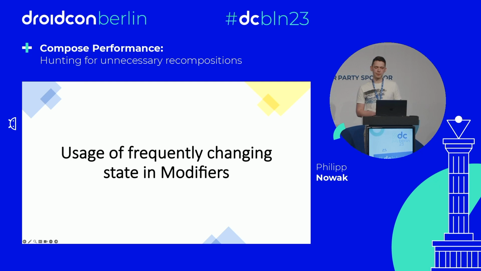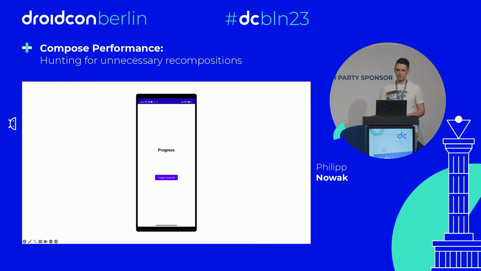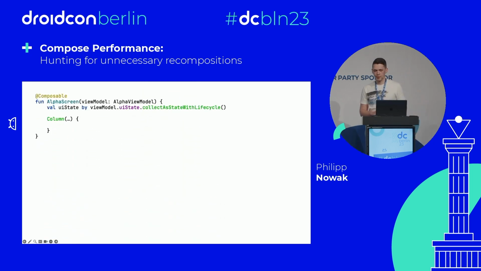This one is called usage of frequently changing state in modifiers. This time we got a screen which has a button, and every time I click on this button, some progress indicator appears, and after some seconds it also disappears. Looking at the code, we can see we have our screen composable with a view model and its UI state, and then we have a column with a text composable for the headline, a custom child composable called Progress, and another one called ProgressButton.